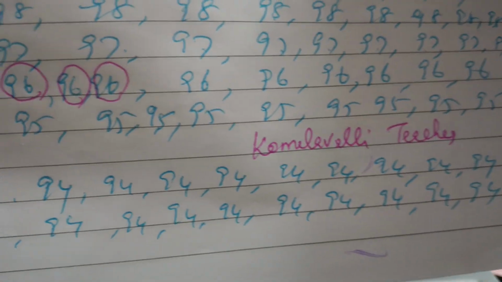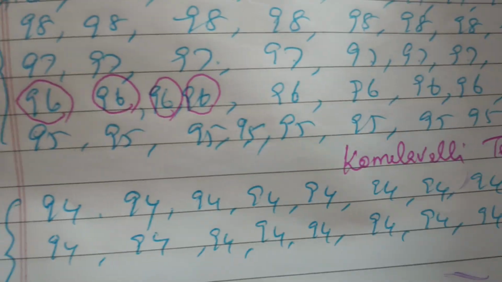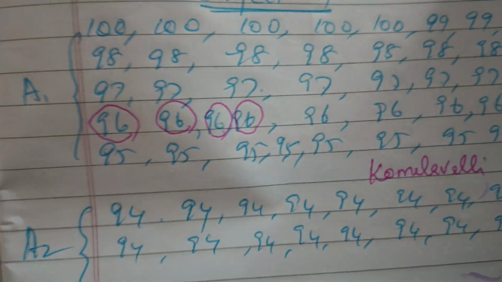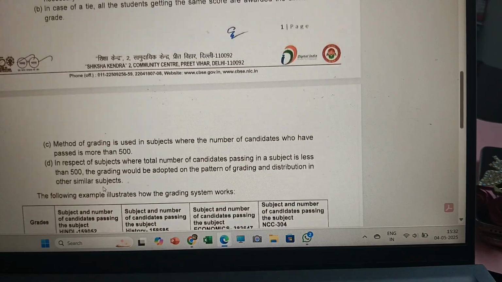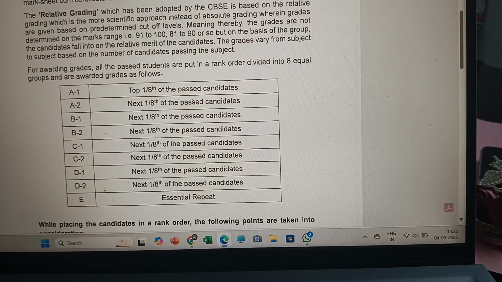Getting 94, the children will ask, teacher, I got 94 but I didn't get A1 there. Why? Because a lot of past children got more than 94 and they went to the A1 group. So I hope you understood.